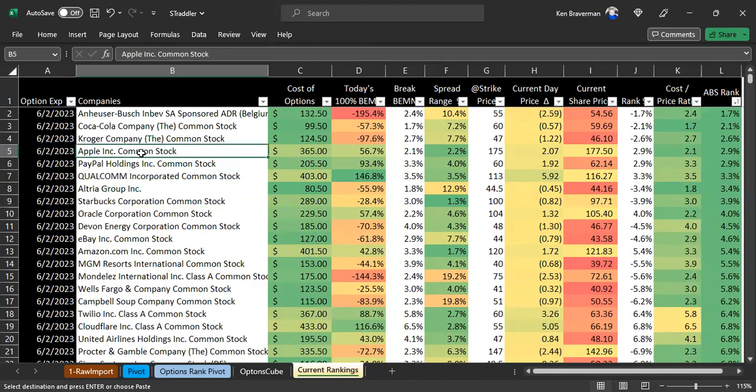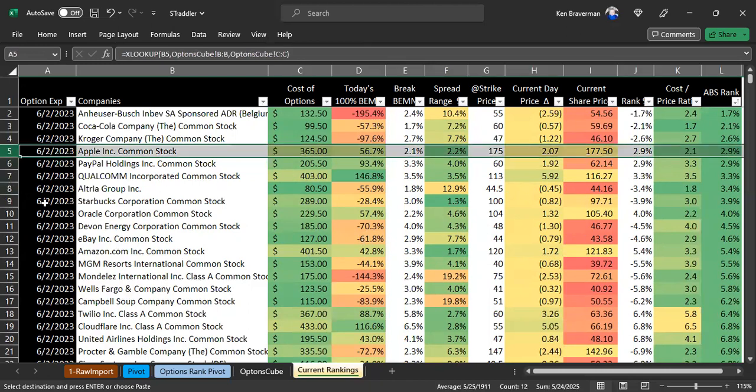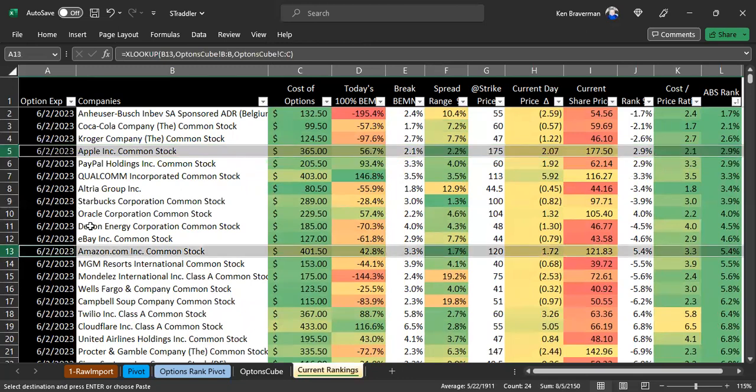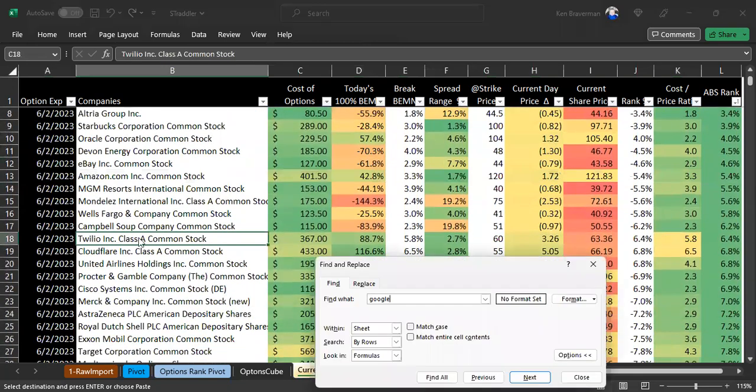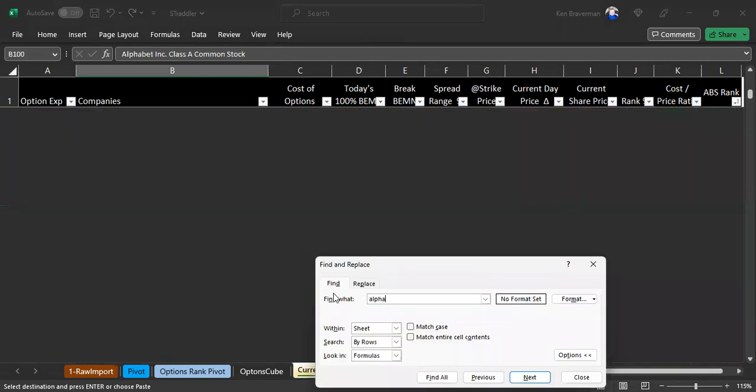But keep an eye more on the Apples, the Amazons, and the things that popped up at the top of this list, to see your Apples and your Amazons. And then I also have Google. Where's Google? I did buy Google today. Where's, oh, really? Alphabet? It's Alphabet.